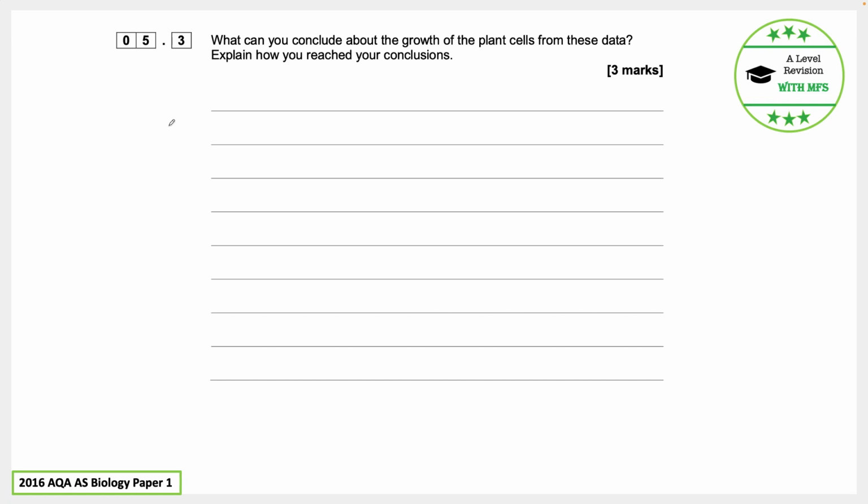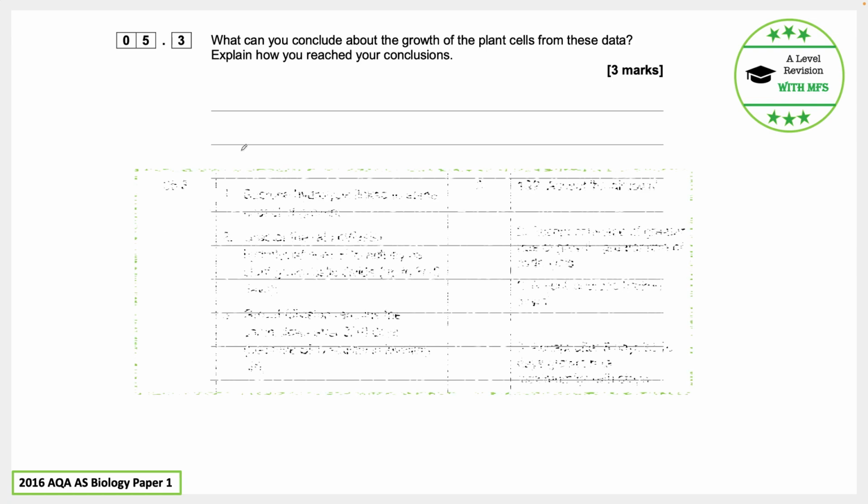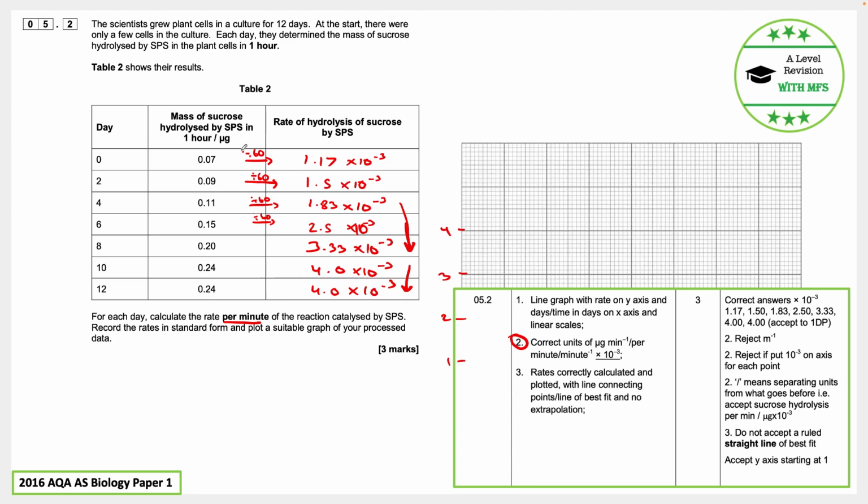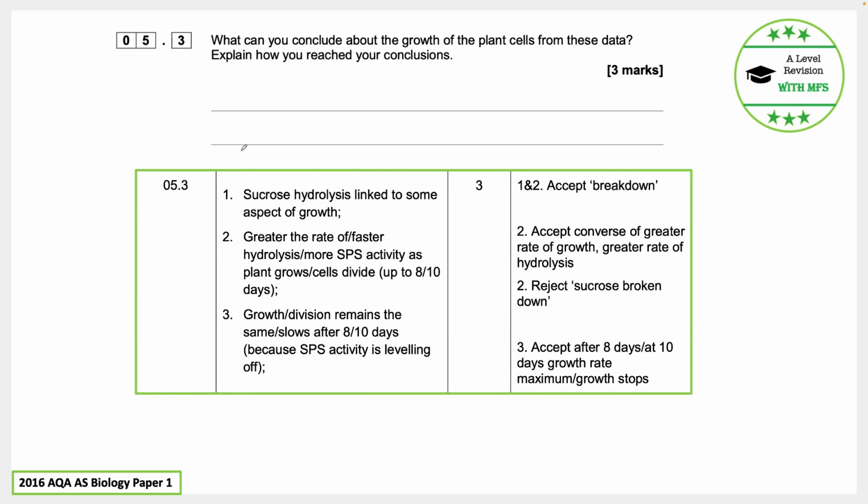So our conclusion will state the following: that sucrose hydrolysis is linked to some aspect of the growth, and the reason for that is that we can see a growth from day 0 to day 12. Sorry, to day 10, and then it levels off to day 12. So we can conclude that there is some relationship between the hydrolysis of sucrose and the growth.